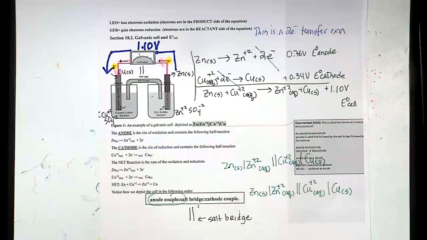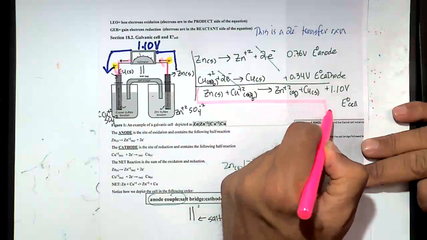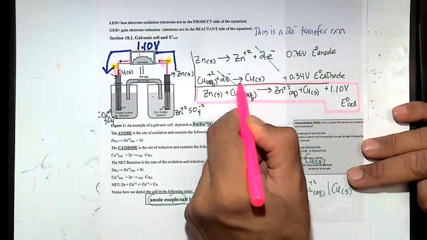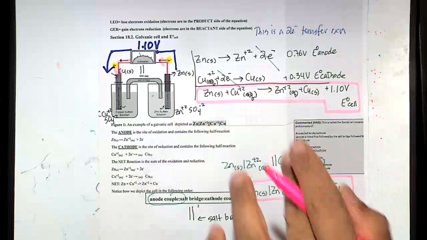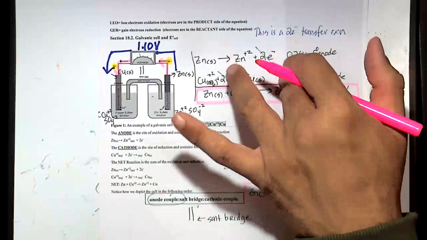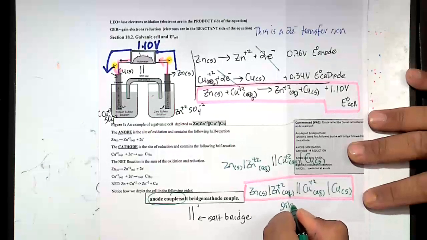Okay? So these are one and the same. You'd be able to go back and forth between this and this. This is called the galvanic cell notation.